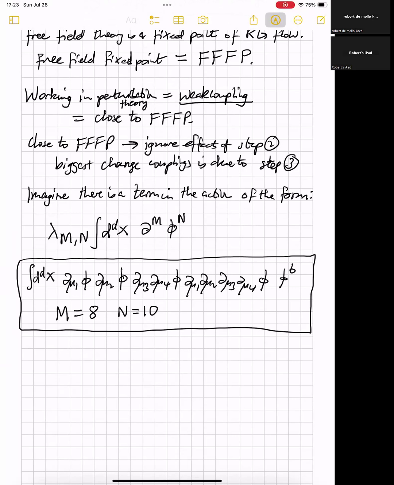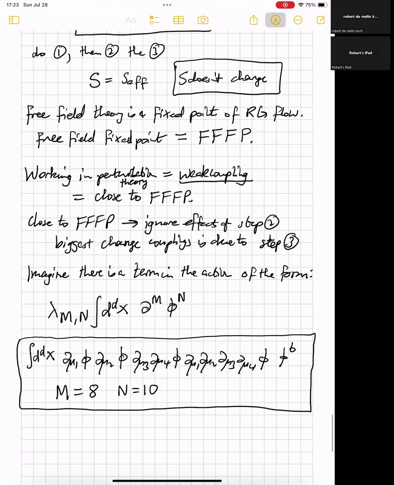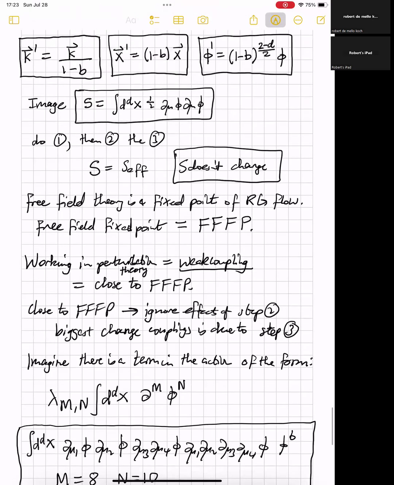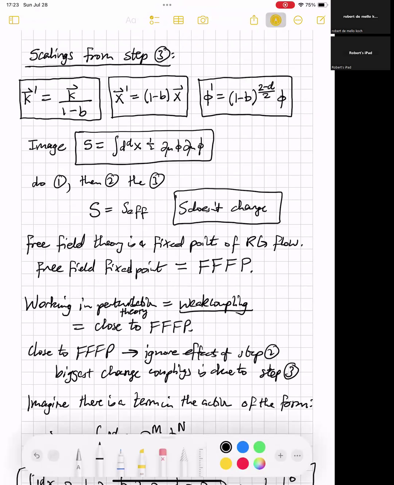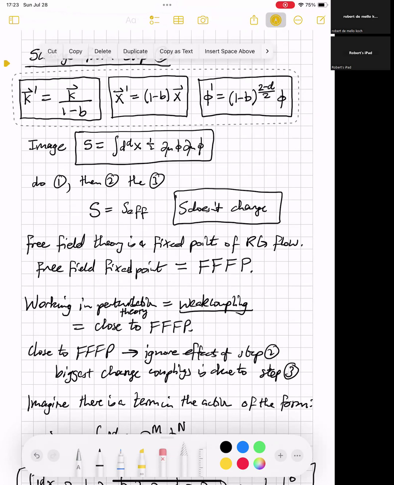So we only need to take into account how it would transform according to the changes implied by step number 3. And those are the scaling laws. Actually, we're going to be using them, so let me just recapture them so that you can actually see them, and also so that I can see them while we're working this out.